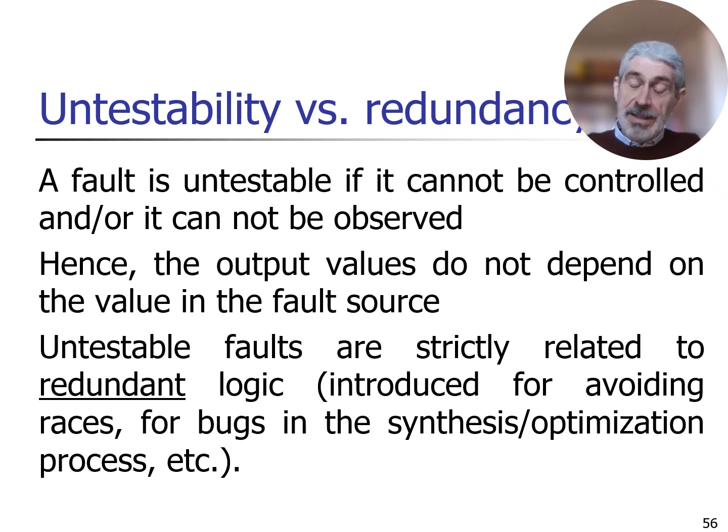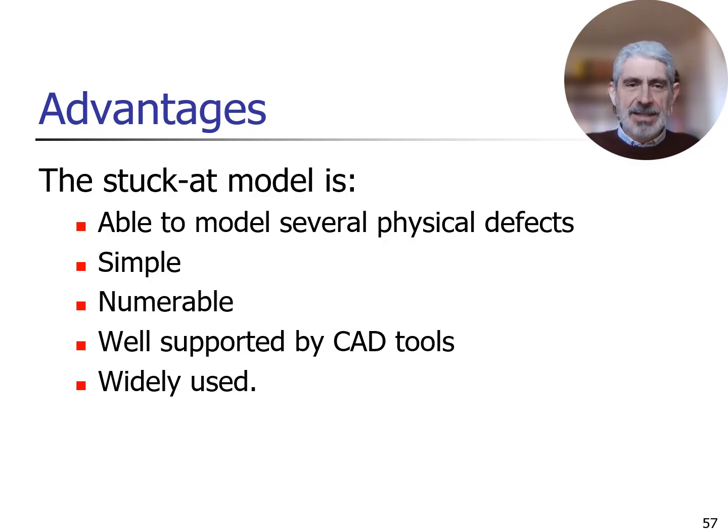So the fault coverage that I can achieve in the presence of untestable faults is lower. And this is the reason why untestable faults should be first identified and then observed to check whether I can do something, depending on the reasons for the related redundancy.